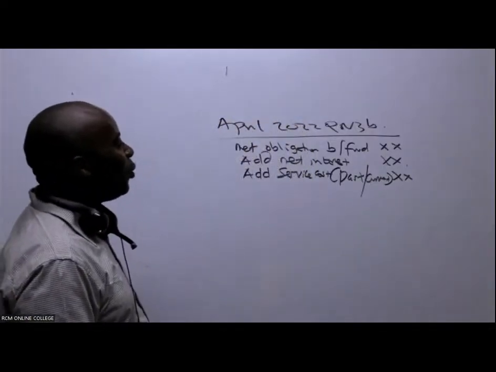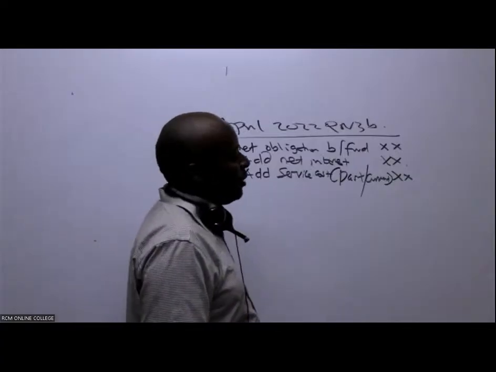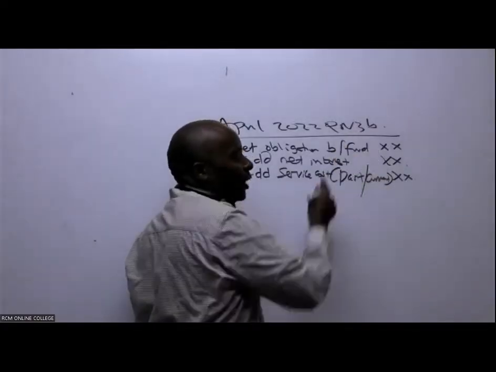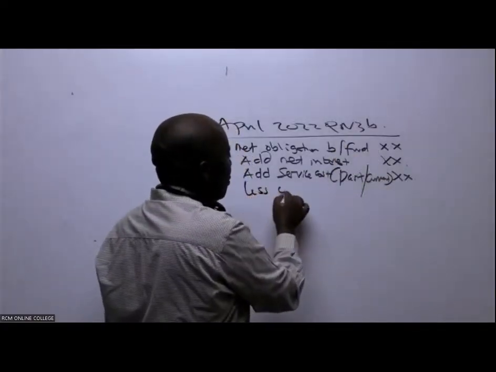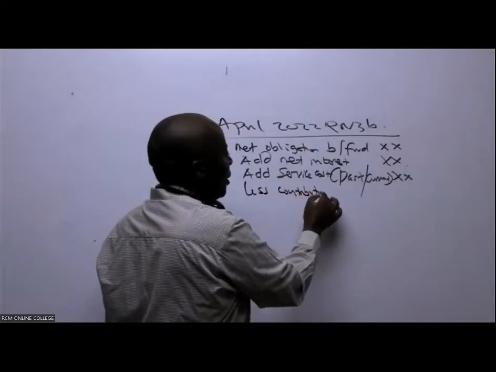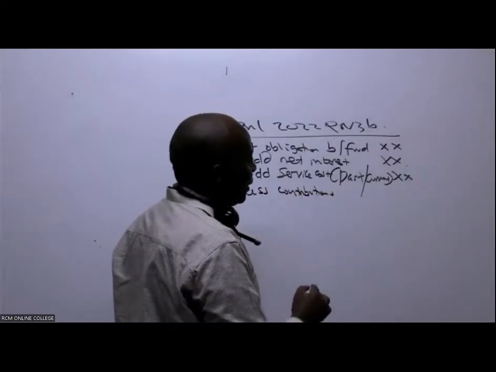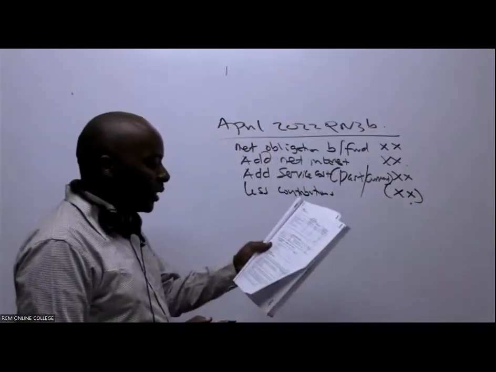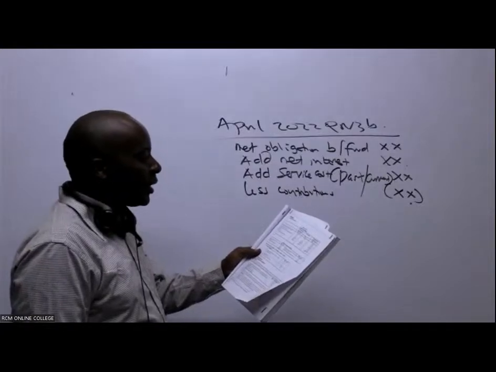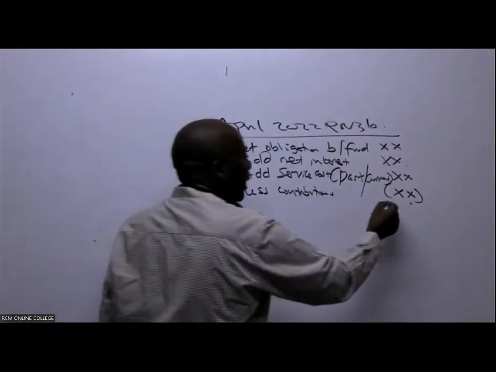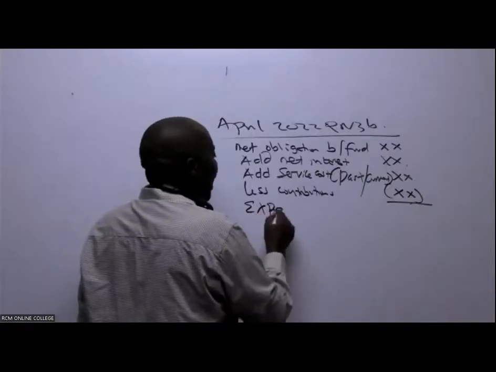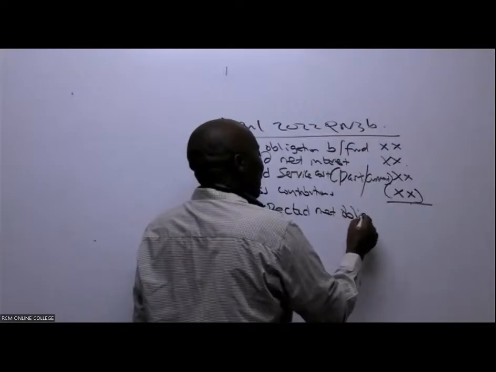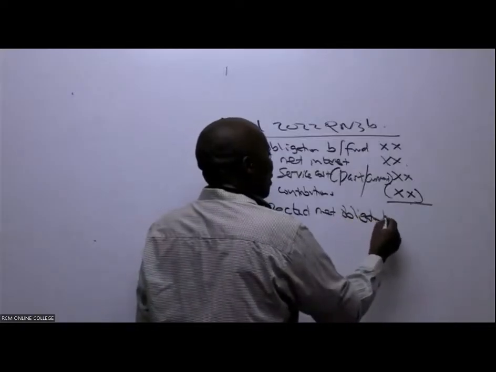So as a company, when you make contributions to the scheme, the contributions will always reduce the obligation. So you less contributions made to the scheme. Once you less that, ladies and gentlemen, there is nothing else that you expect apart from what we call the expected net obligation carried forward.